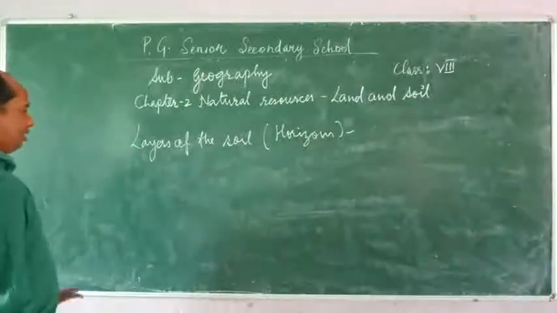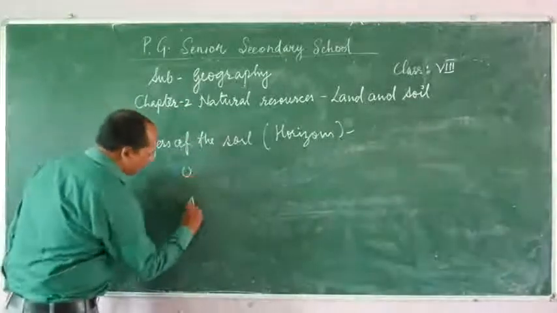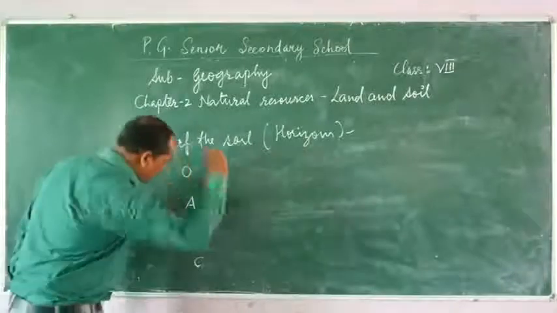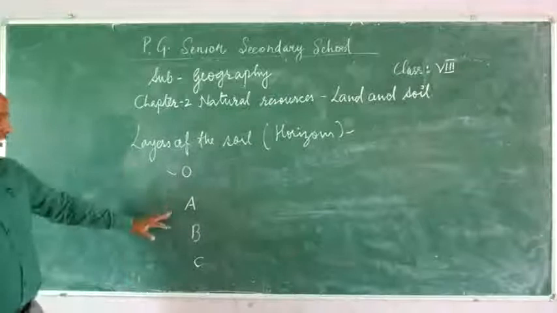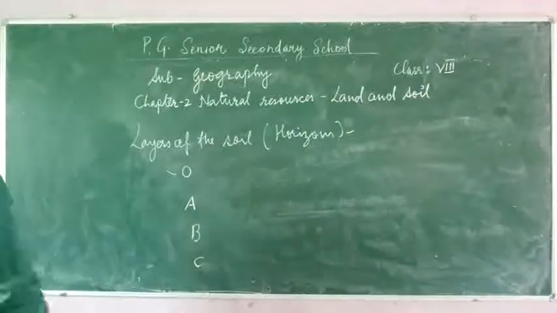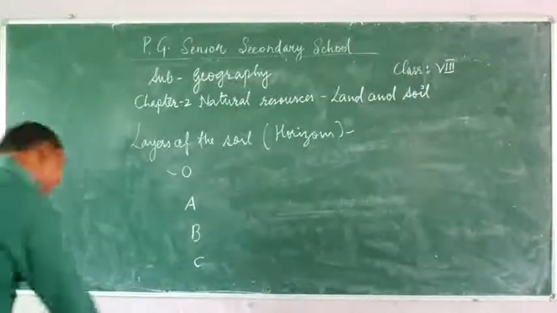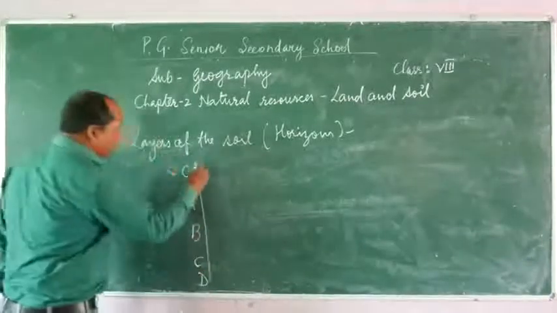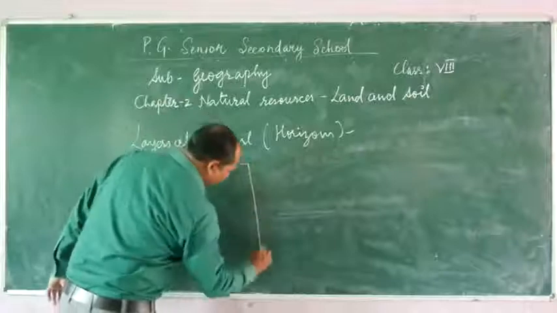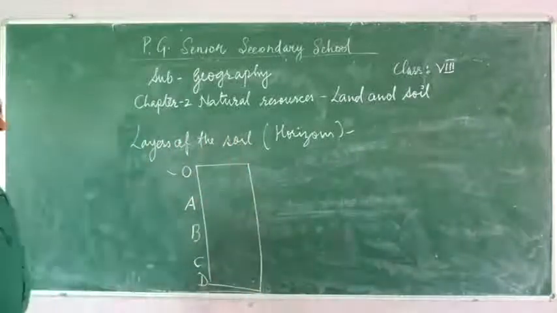Horizons are generally O, A, B, C. O means 0, or O you can say, A, B, C, and D. So now we are going to draw a simple diagram related to this.